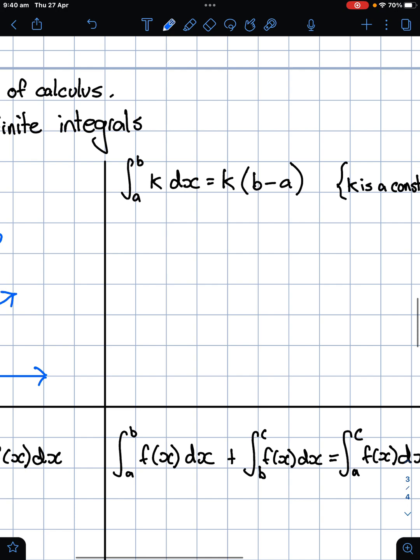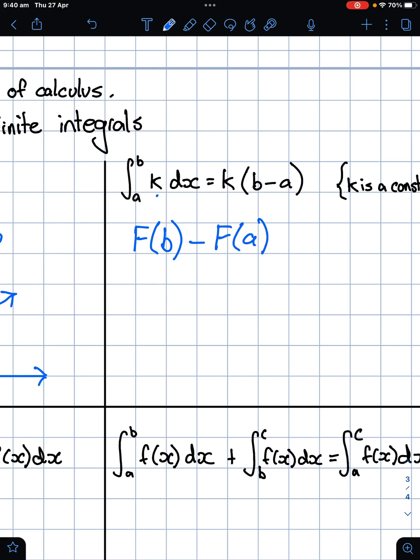This next one talks about if we have a constant function. If you think about it, we're going to have f of b minus f of a.